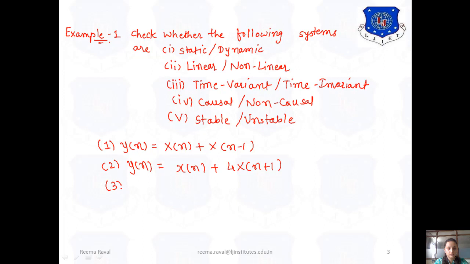And the third one is y of n equals 3 times x of n. Now let's consider the first, y of n equals x of n plus x of n minus 1, and see the solution.